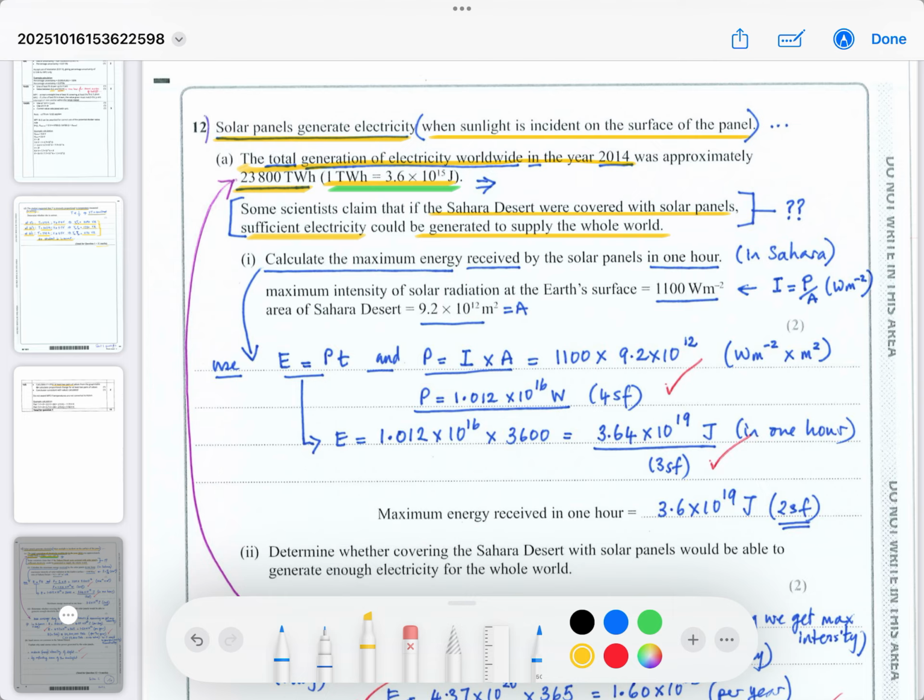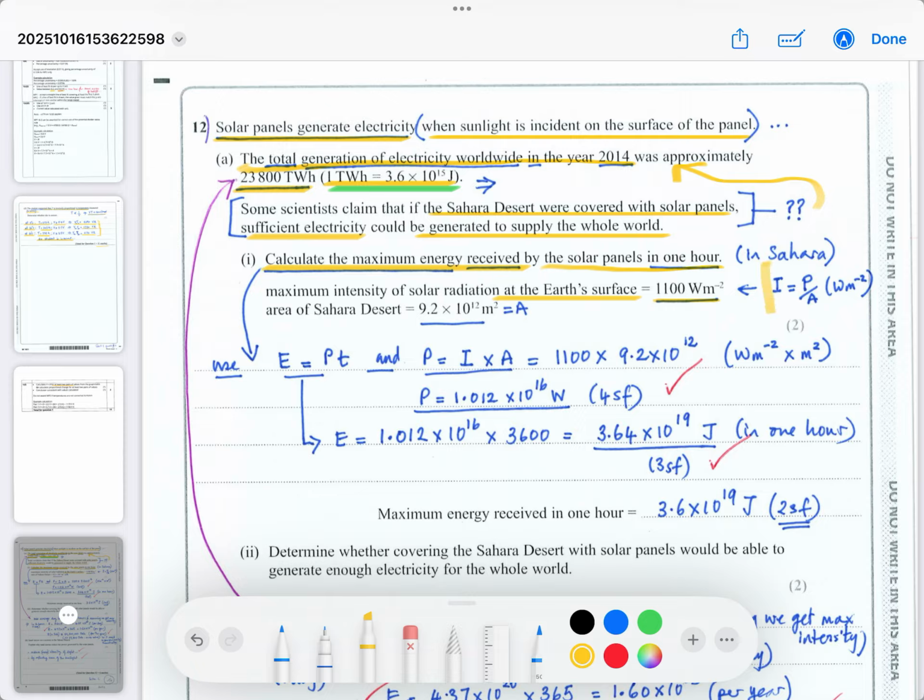Well, we're assuming they're talking about the 2014 value. Remember, this exam, most of the questions I got were from 2020. So you've got to calculate the maximum energy received by the solar panels in 1 hour, in the Sahara. The maximum intensity of solar radiation at the Earth's surface, it says, is 1100 watts per square meter.